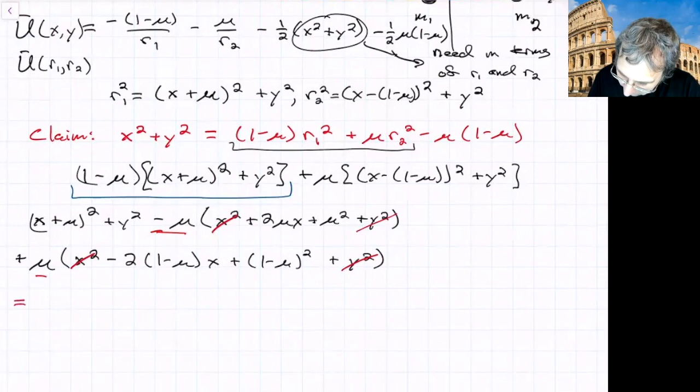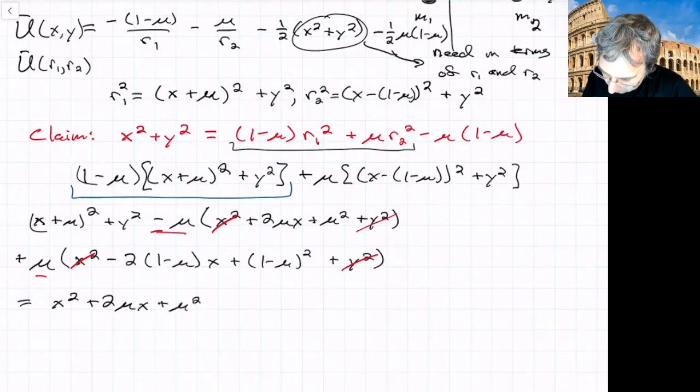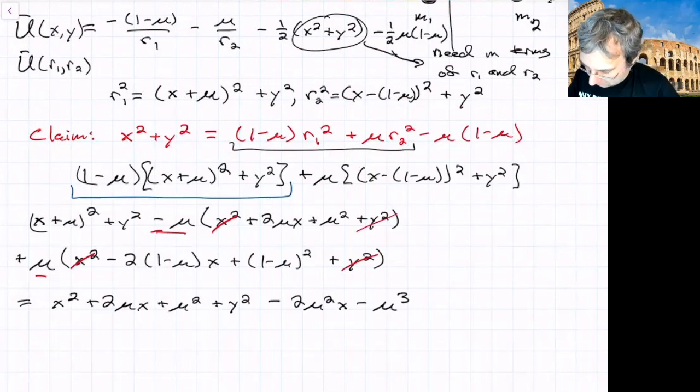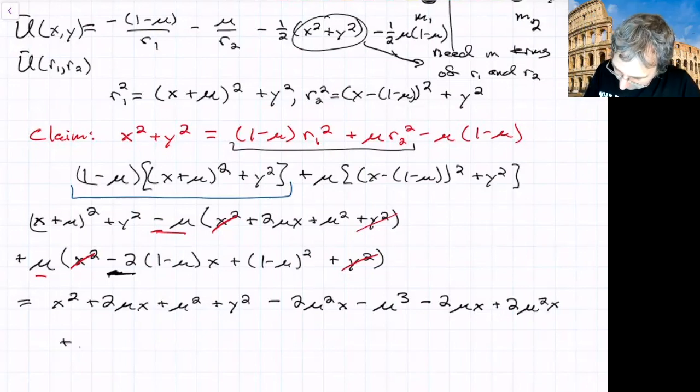So this will equal x squared plus 2 mu x plus mu squared plus y squared, minus 2 mu squared x, minus mu to the third, and then down here, minus 2 mu x plus 2 mu squared x plus mu(1 minus mu) squared.